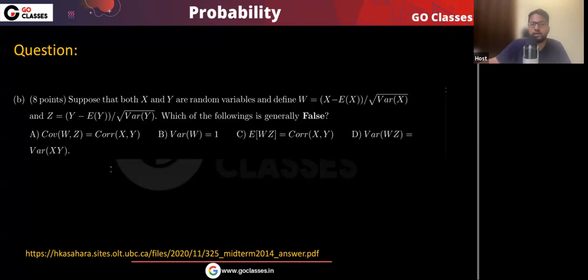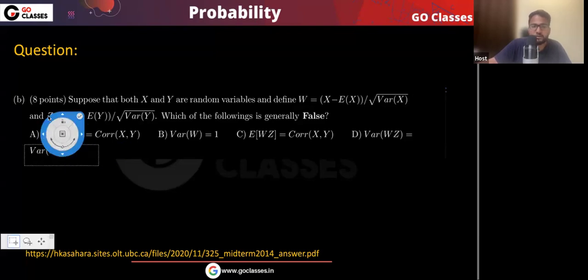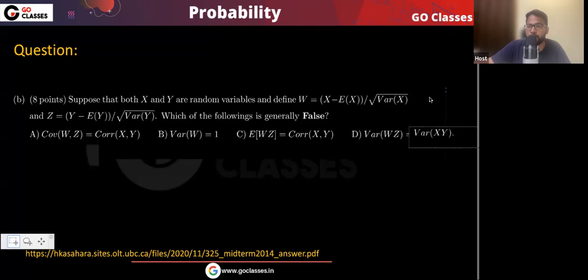This is a good question, I think. See, do you remember how the correlation is defined? The correlation between X and Y is nothing but the covariance between their standard versions, the standard random variables. So I think A is true actually. Okay, A is true. Is this fine?